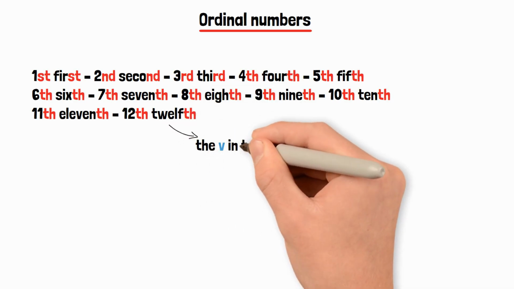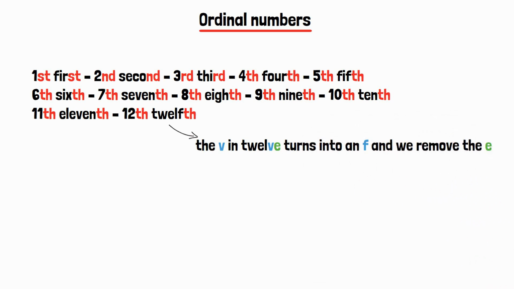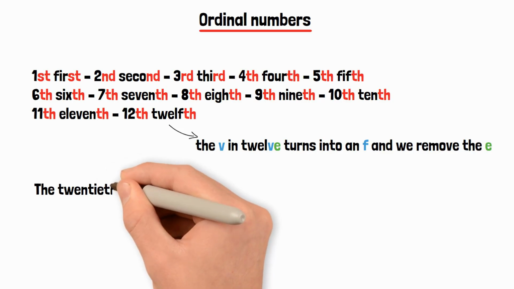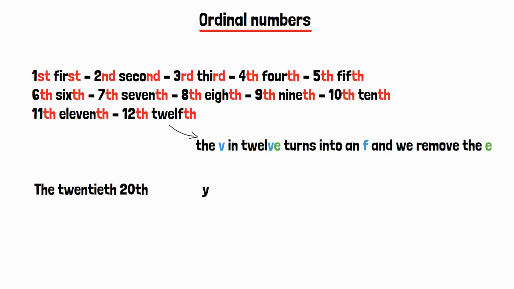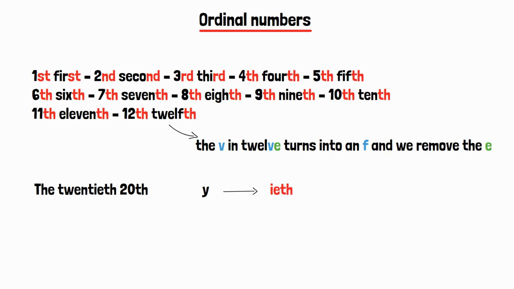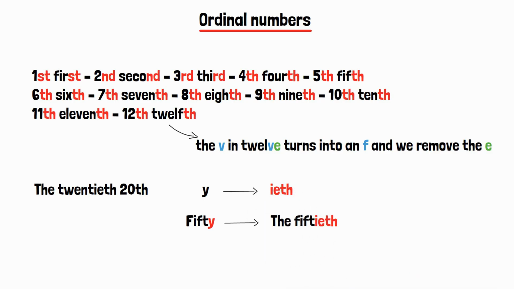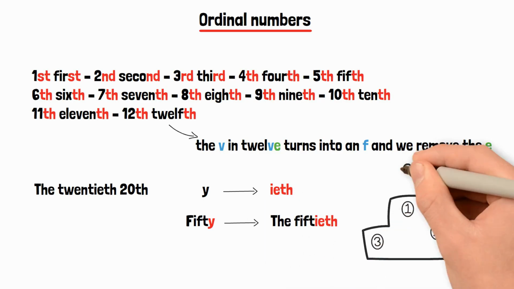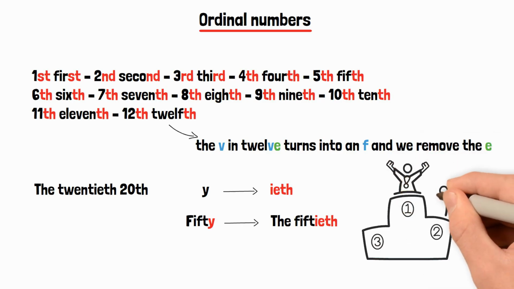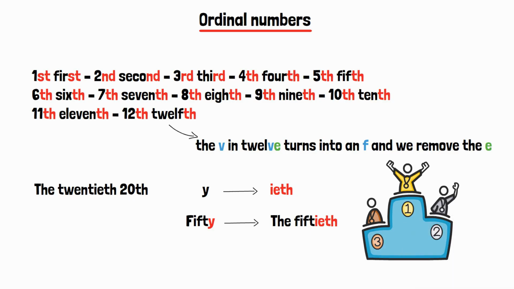The V in 12 turns into an F, and we remove the E. The 20th. Numbers ending with Y turn into IETH when they are ordinal. 50. The 50th. We use ordinal numbers to classify and give a rank. Who's first, who's second, etc.